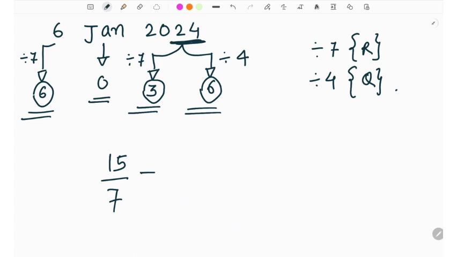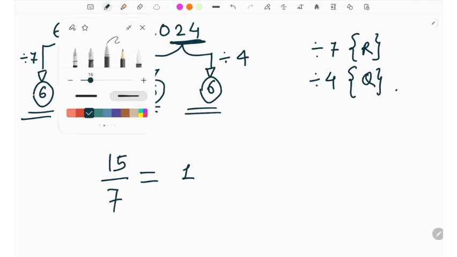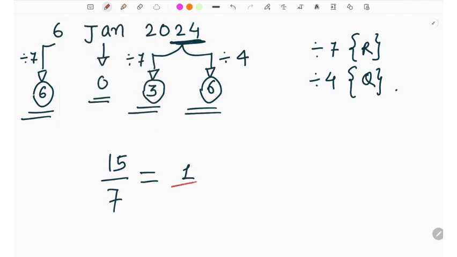Now students, if the given year belonged to the 1900 century, we directly see the code over here. But now the given year belongs to the 2000 century. So what we do is simply subtract 1 from this remainder, and we get 0.